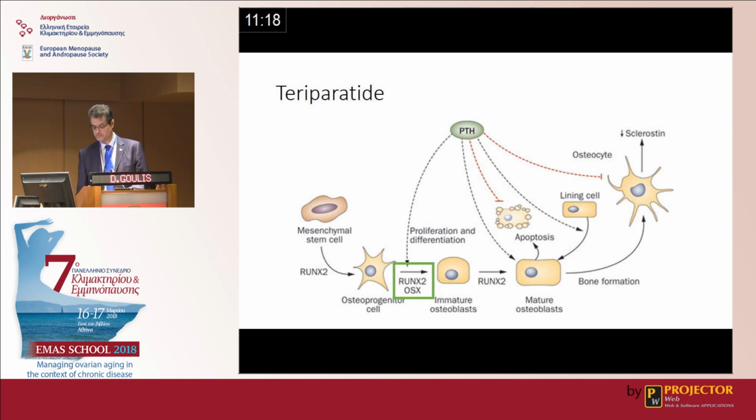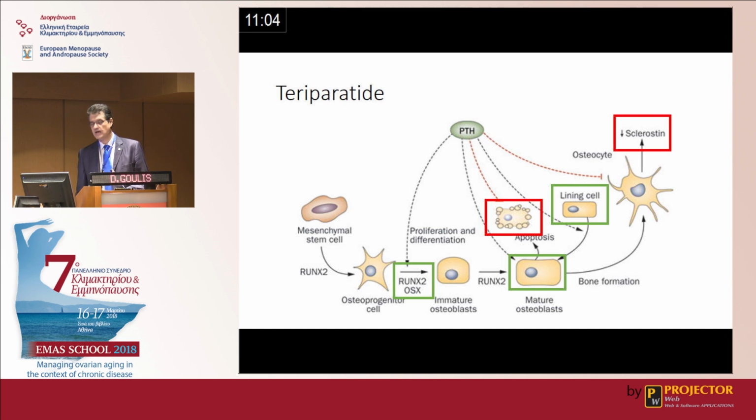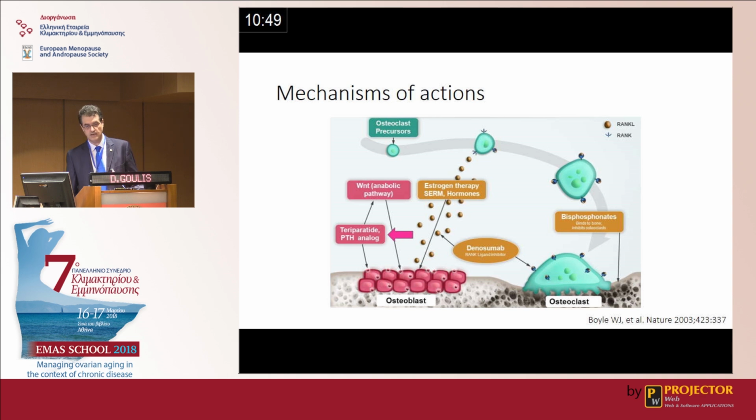It induces the production of RUNX2, it increases the number of mature osteoblasts, it decreases their apoptosis, it transforms the lining cells of the bone into mature osteoblasts, and of course, it reduces sclerostin, which is an inhibitor of bone formation. So 5 different mechanisms by which teriparatide is acting as an osteoanabolic medication.